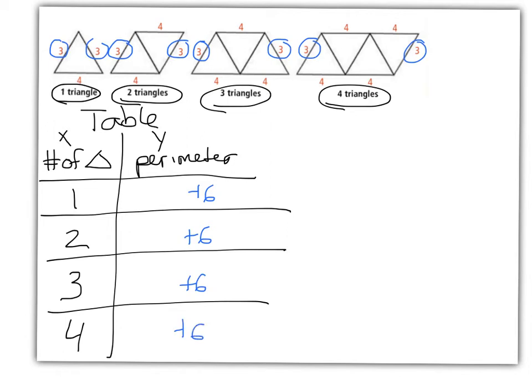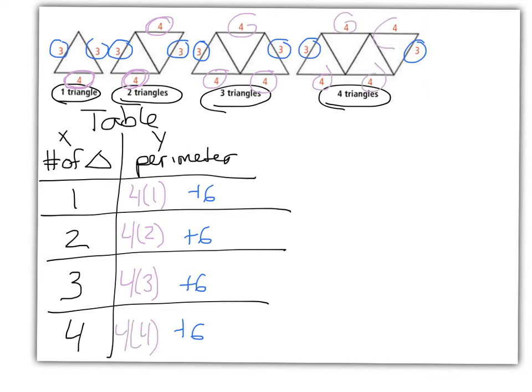Now, for this first one I have a 4. It seems like this bottom piece is 4. But I only have one triangle, so I have 4 times 1. On the next one, with 2 triangles, I have 4 times 2. Then with 3 triangles, 4 times 3, and with 4 triangles, 4 times 4.